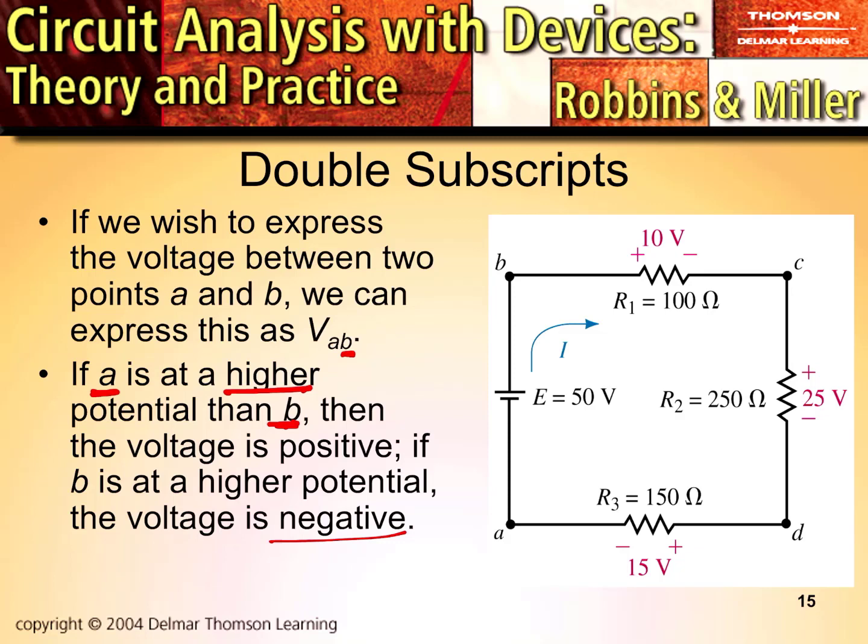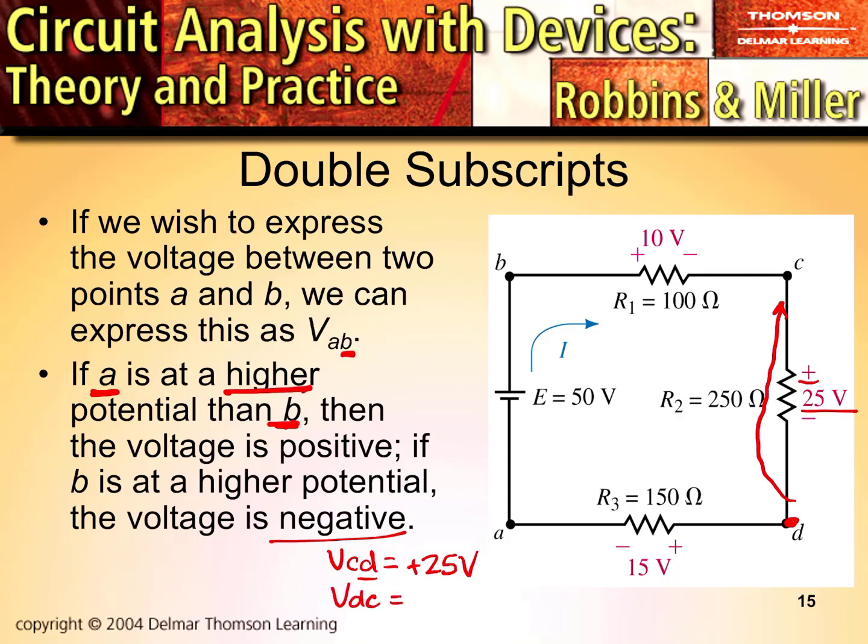In this case, we could determine all values of double subscript. Let's just take this CD one. If we said VCD, we would start at D because that's our reference. We would move our way to point C and see that our magnitude is 25 volts. Point C is more positive than point D, so we'd label this plus 25.